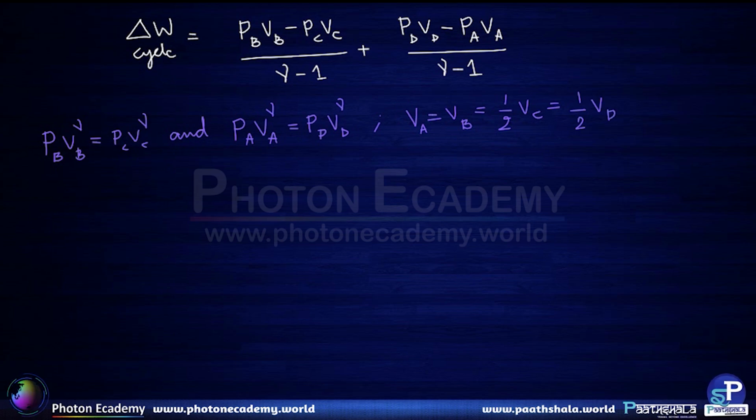So let's eliminate all other variables except Pa, Pb and Va. First let's substitute Vb as Va as they both are equal.